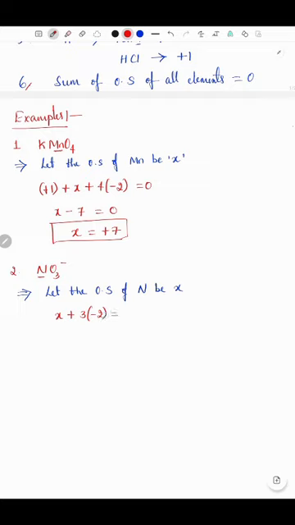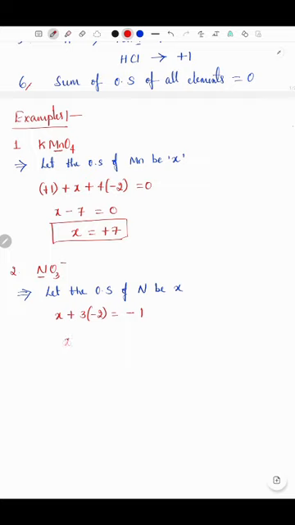This is not a neutral molecule; there is a negative charge on it, it is an anion. Whatever charge is present on the molecule, the same charge we have to equate it to.